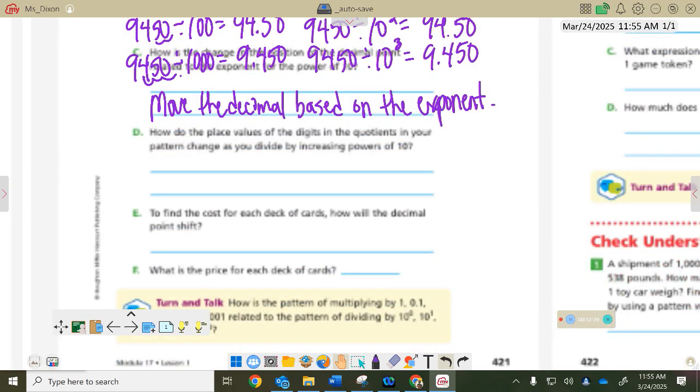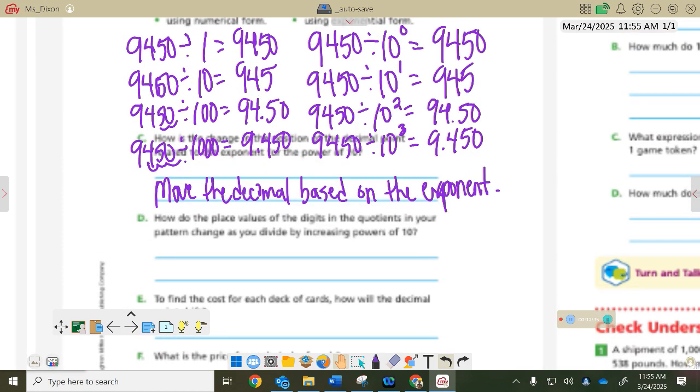How does the place value of the digit in the quotient in your pattern change as you divide by increasing powers of 10? So look at the place values. Pick one of the digits. I don't care which one. The 9, the 4, the 5, or the 0. What is happening to the place value of the digit that you're looking at? Does it get higher or does it get lower? It gets lower.